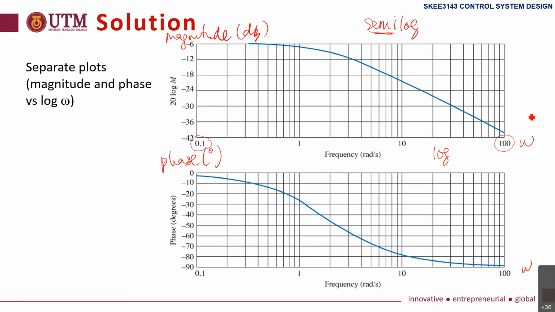So we use log to cover a wide range of frequency. You know frequency is normally 10 kilohertz, 100 kilohertz, sometimes 0.1 hertz. So we want to see the response within a wide range of frequency. That's why in x we use log, and we have to use what we call a semi-log graph.